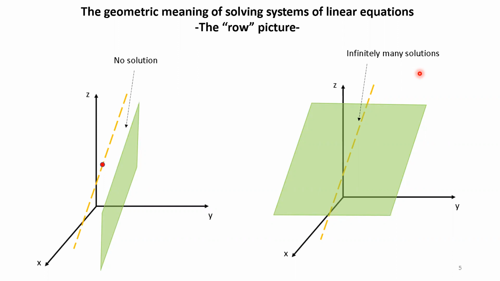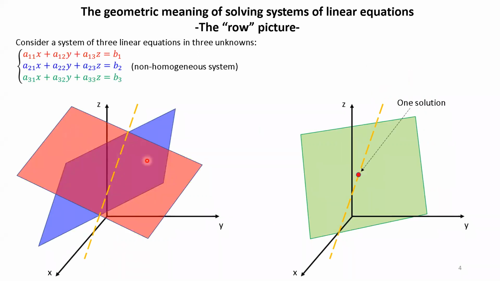And of course, when I say that the first two equations give me this intersection line, I already assume that these first two planes are not parallel to each other. But you could imagine a case where the red plane and the blue plane are already parallel to each other and shifted.